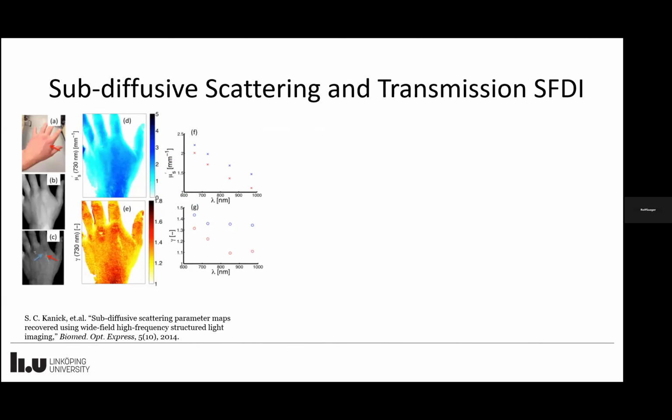We can go into subdiffusive scattering now, and take it even further into higher extremes. People have shown that if you start going beyond 0.5 per millimeter spatial frequencies and go higher and higher, you're looking at smaller and smaller volumes, and less and less scattering events. This is now in the subdiffusive regime, where you still have angular components.